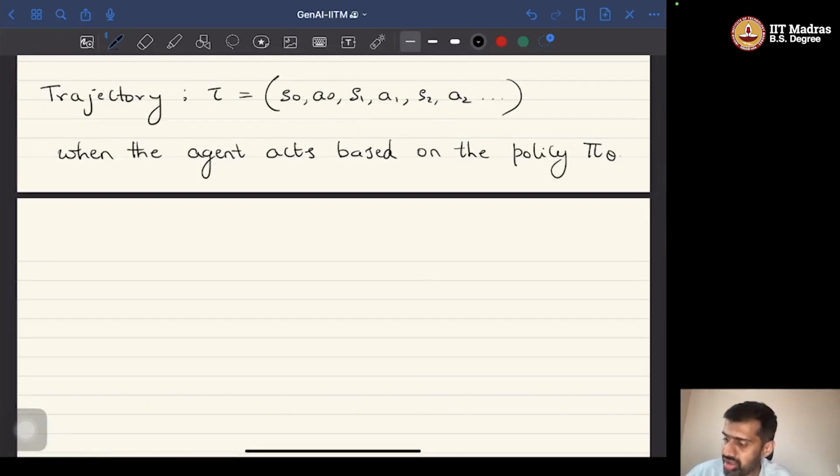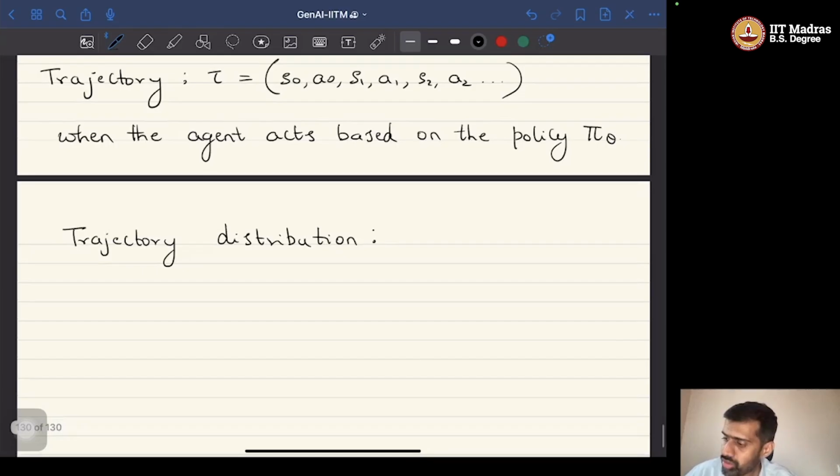Let's call this the trajectory distribution, which is a distribution over a particular trajectory that one has obtained. We have to specify that this is under a particular policy, under the policy pi theta.